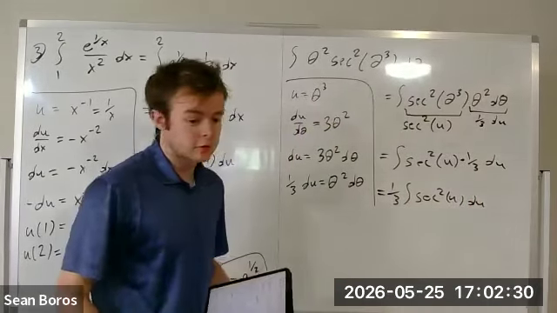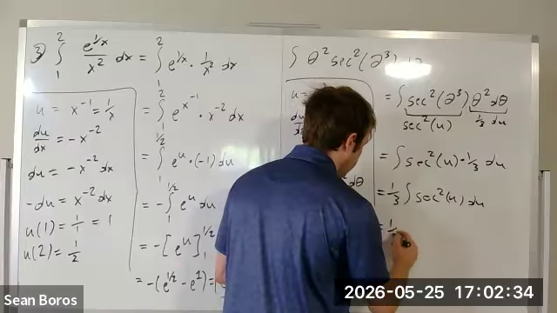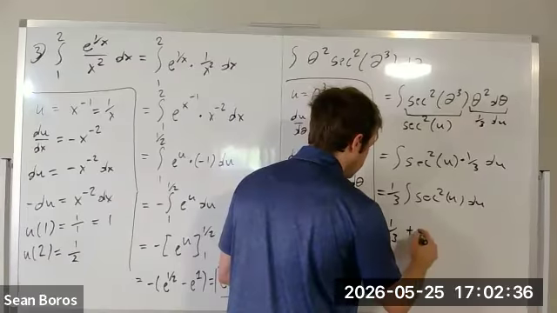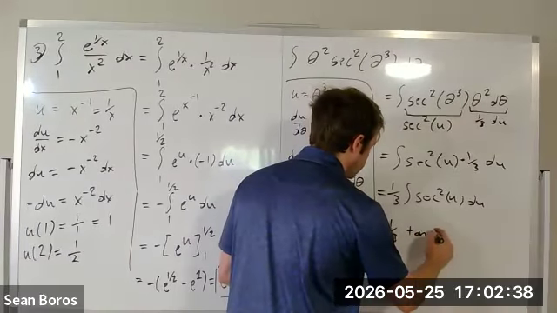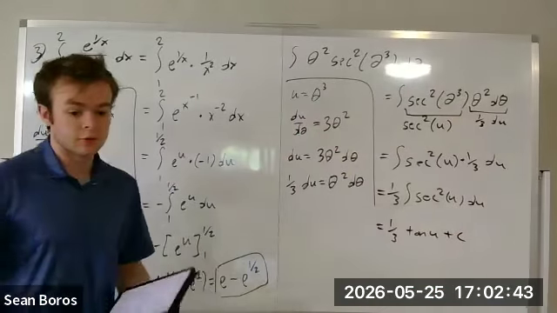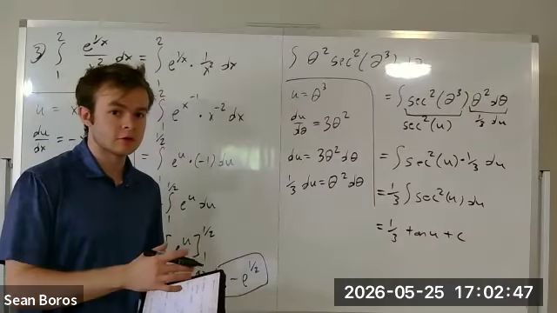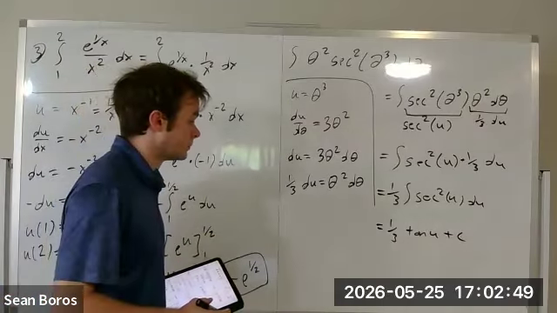And now the integral of secant squared is the same thing as tangent, so we're going to get 1/3 of tangent of u plus c. Right, because the derivative of tangent is secant squared, so the integral of secant squared should get you back to tangent.